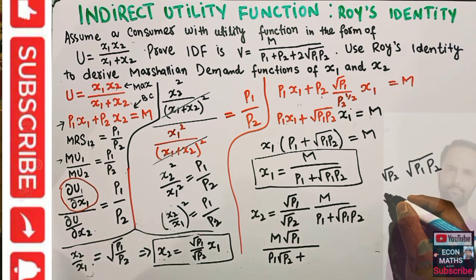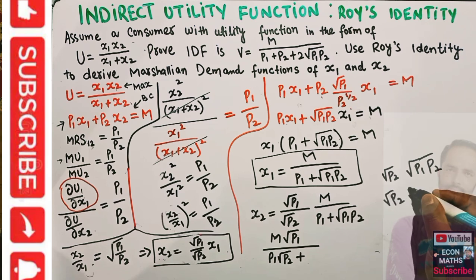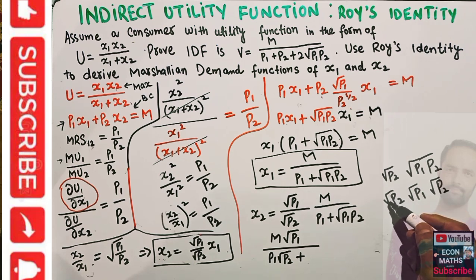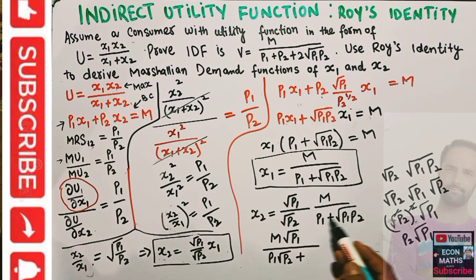Okay, now under root p2 into under root p2 will be p2. How? If we multiply these two, this will become p2 square under root p1. Okay, square root gets cancelled, so we are left with p2 under root p1. Okay, so in place of this, when I multiply this, I will get p2 into p1.